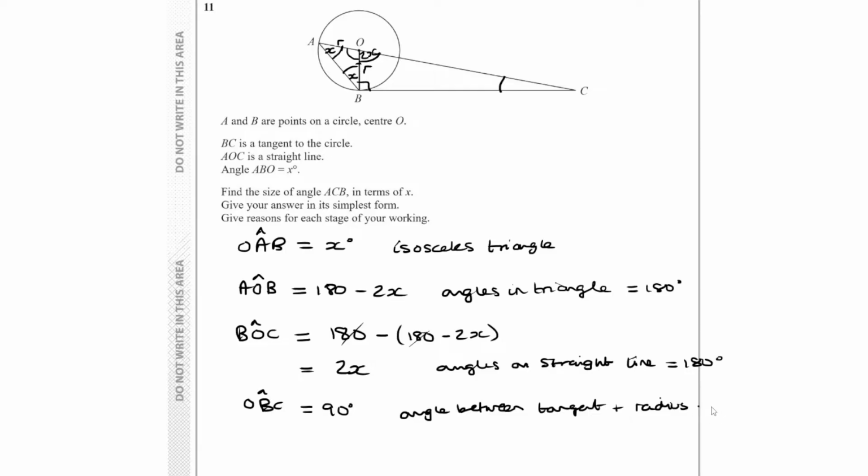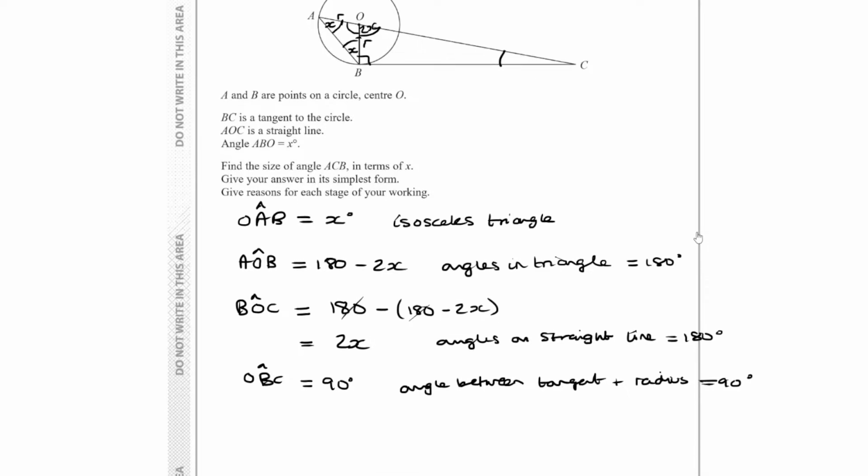It's always 90. Now the reason why that helps me, we're almost there now, is because if I look at that triangle, I've got 90, I've got 2x, and the other one is the one that I want to know. So now I can just use angles in a triangle again. ACB is therefore 180 minus the 90 minus the other 2x.